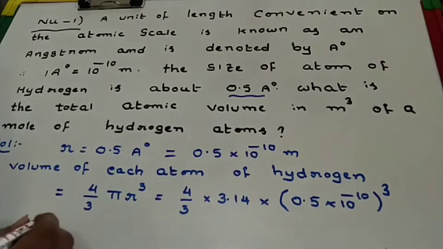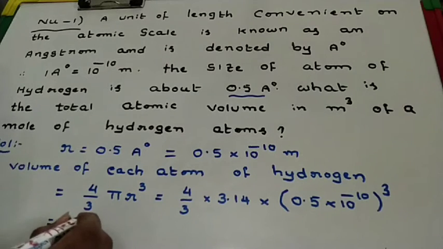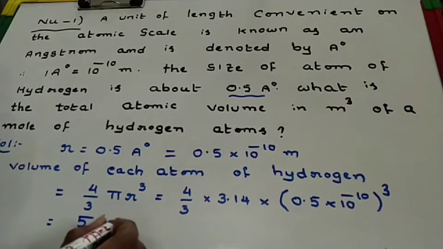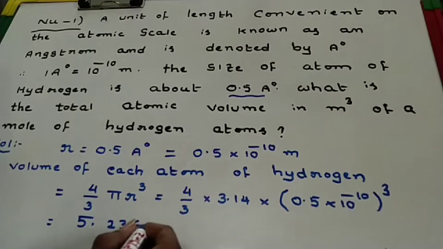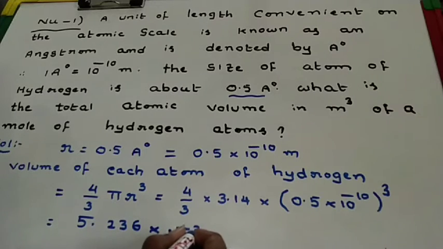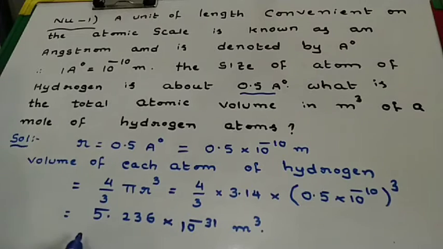Now we will get 5.236 into 10 to the power of minus 31 meter cube. Therefore, the volume of each atom is equal to 5.236 into 10 to the power of minus 31 meter cube.